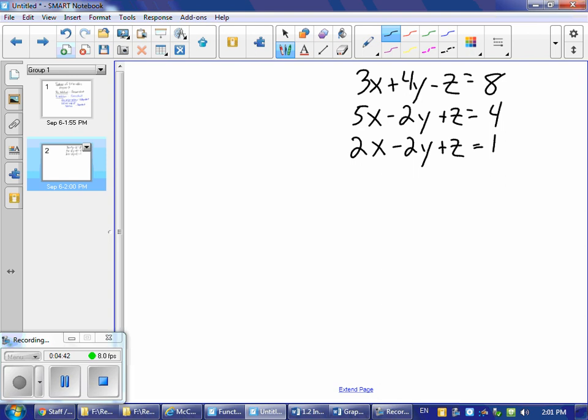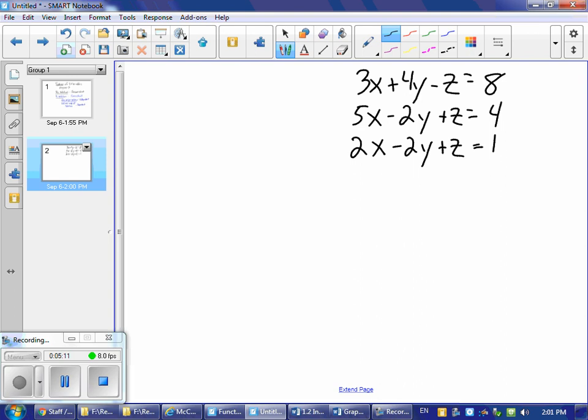All right, so what we have here is a system of three equations with three variables, which means there are three planes someplace out there, and we're trying to figure out, do these three planes have something in common that all three of them would work if I plug values in for x, y, and z. That's the general concept.